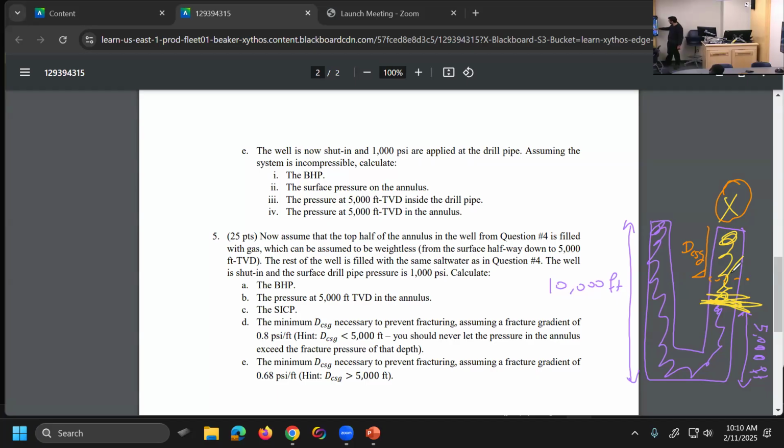And there is no difference between the pressure of the yellow. It doesn't add any weight. The yellow is weightless. So if I make it here and say it's X psi, it will be X psi all the way here, right? Which is basically the surface pressure. So I need to write an equation with one unknown, DCSG, and then solve for it using the U-tube model. And I think it's easier to go bottom up than top down in that case.